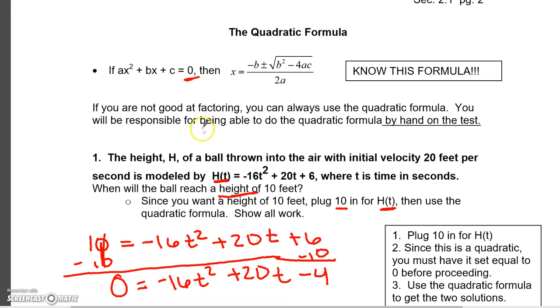So now we can pick out A, B, and C. A equals negative 16. B is in front of the t, so that's 20. And C is without the variable. So now we've got to take this and put it in here. So let me see what I've got down here.